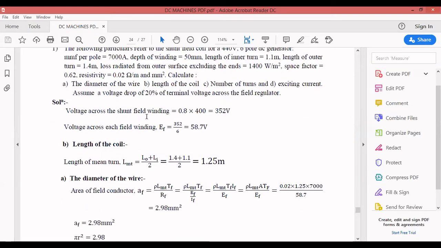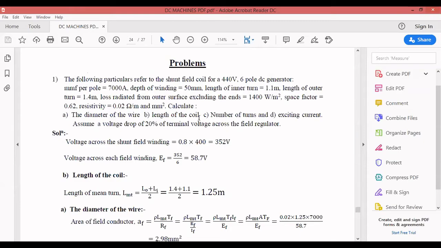Voltage across shunt field winding. As given in the problem, there's a 20% drop, so you take 0.8 into 440 volt. So this voltage will be 352 volts. How many poles are given? They are given 6 poles.